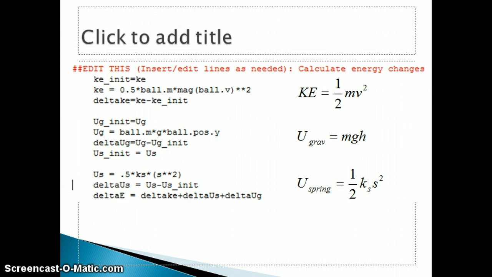So we know kinetic energy is just 1/2 mv squared, gravitational potential energy is just mgh, and spring potential is 1/2 ks squared. Lastly, the change in each value is calculated by subtracting the stored initial value from the updated value. So here's the final output in Python.